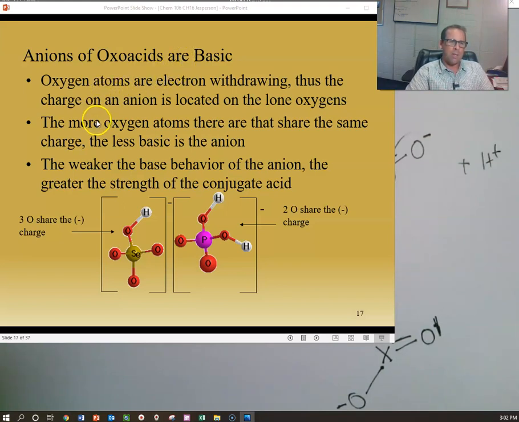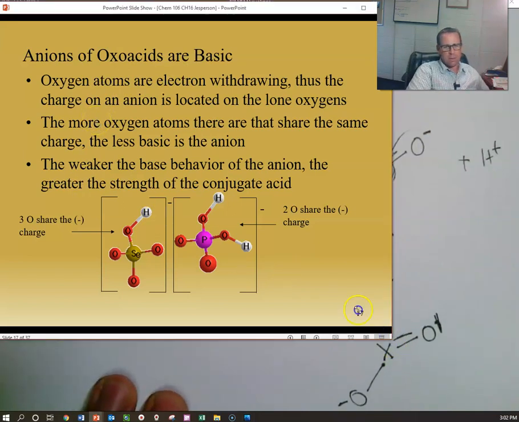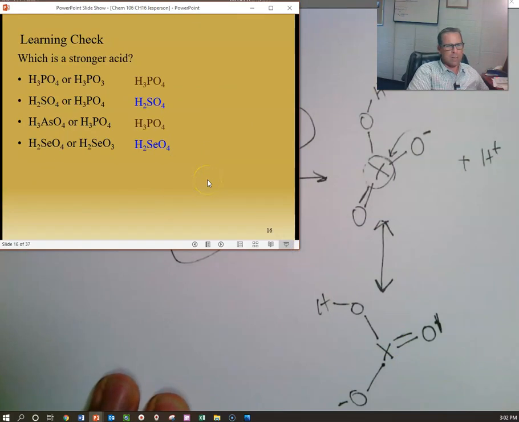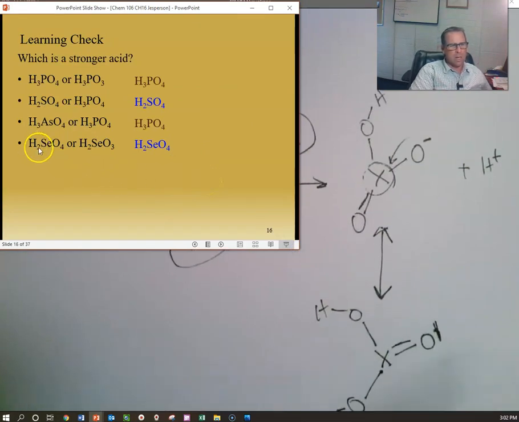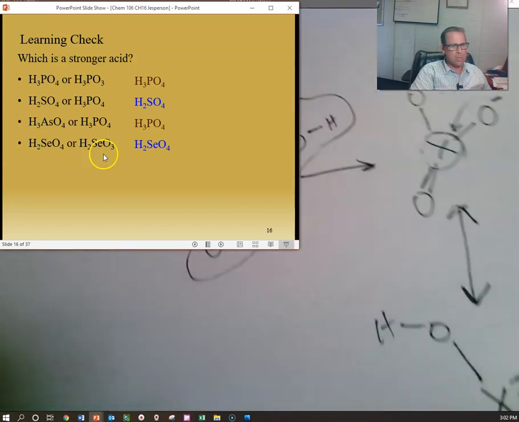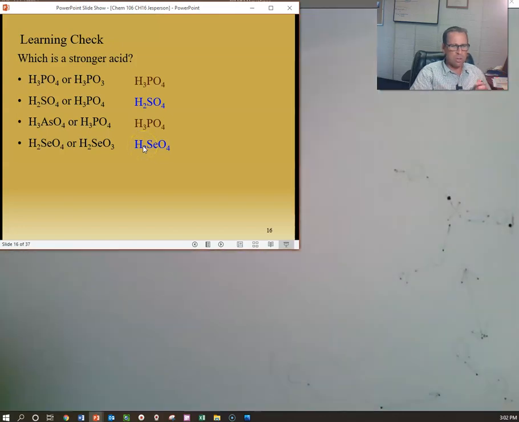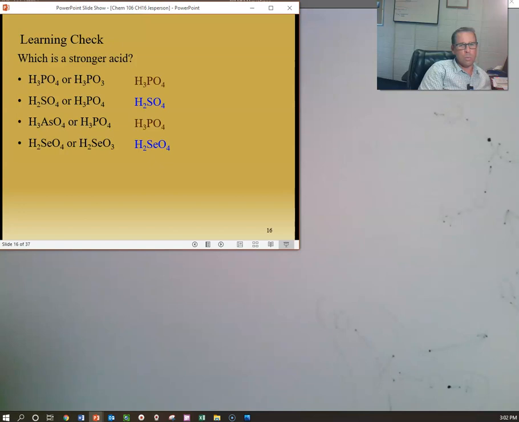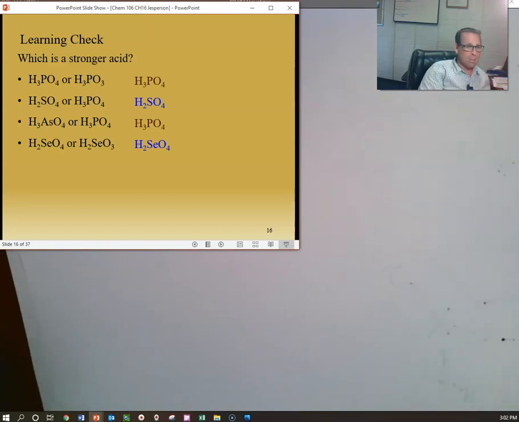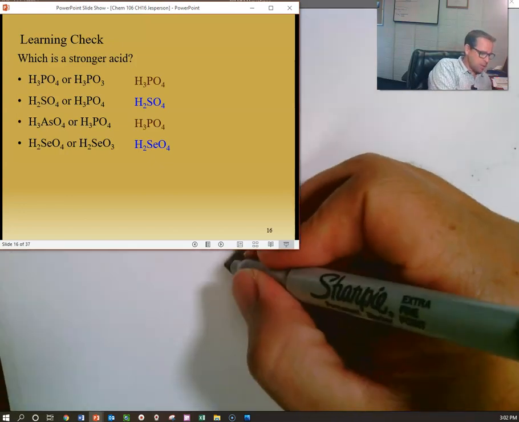And what this means is, let's go back to this list here. H2SeO4, H2SeO3. We said that H2SeO4 was a stronger acid. So my question is, which one of these compounds is a stronger base?